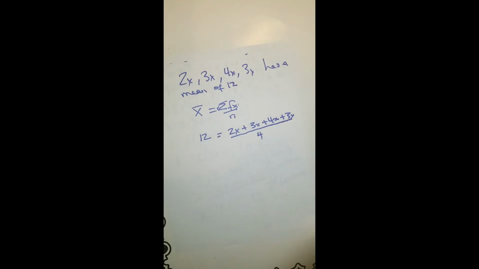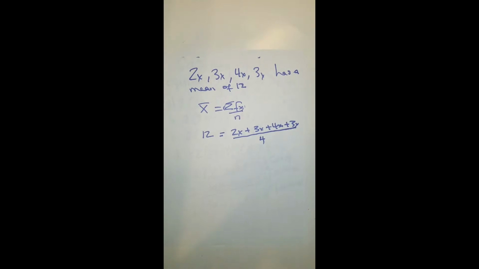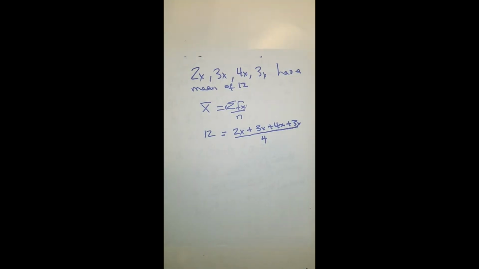Let me see if she's responding to me. They didn't say mean, just 12. What are you saying? You have the last number wrong. No, she said it at 904. She said the mean of the numbers 2x, 3x, 4x, 3x is 12.